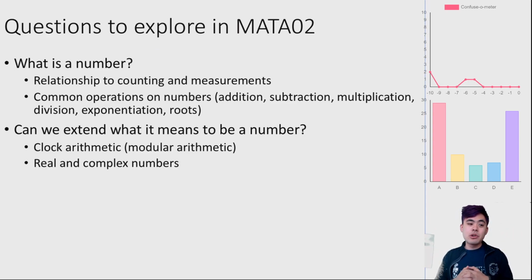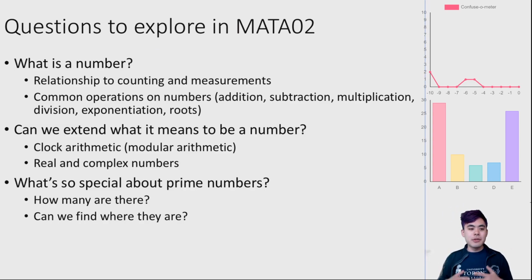So we'll talk about how mathematicians have extended the idea of what numbers are. You can add real and complex numbers, so you can add imaginary numbers to the mix. But you can also extend them in other ways, with things that look like numbers but have slightly different properties, and it turns out those can correspond to real life concepts that we care about, such as clock arithmetic, which we'll talk about later.